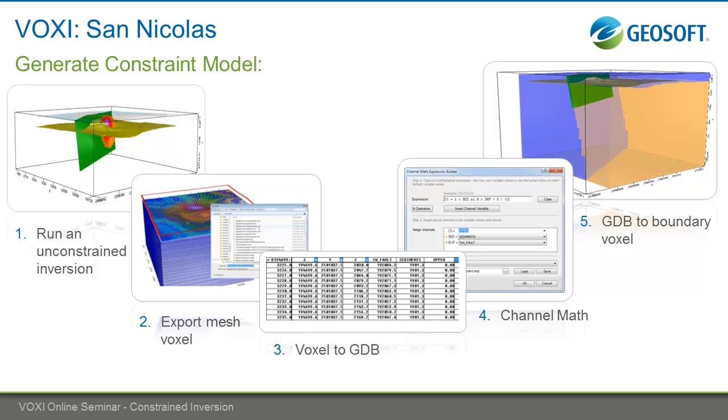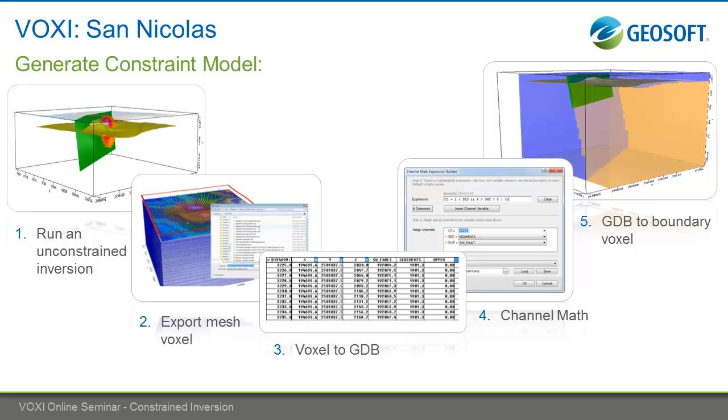So this will generate zeros in the upper bound model everywhere above this surface. I can do the same thing with the southwest trending fault through the model. I can say everywhere where x is less than the southwest trending fault should be 0, and everywhere where it's greater I'm going to set it to 5.